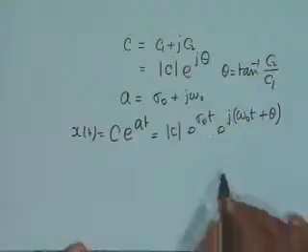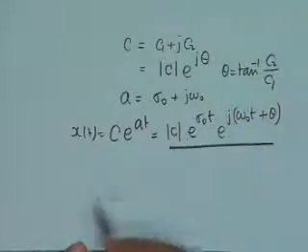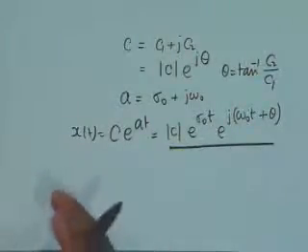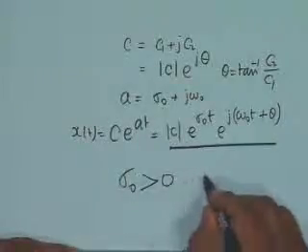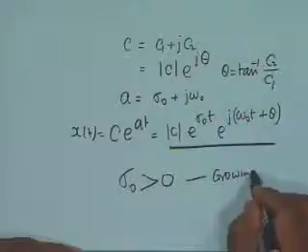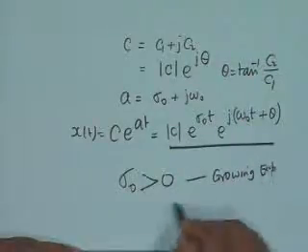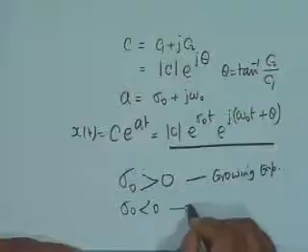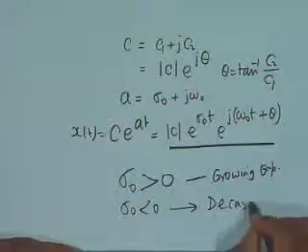And you see that you can easily plot this real part and imaginary part separately, and both the real and imaginary parts shall either be a growing exponential or a decaying exponential, depending on whether sigma 0 is greater than 0, which is a growing exponential, or sigma 0 is less than 0, which shall be a decaying exponential.